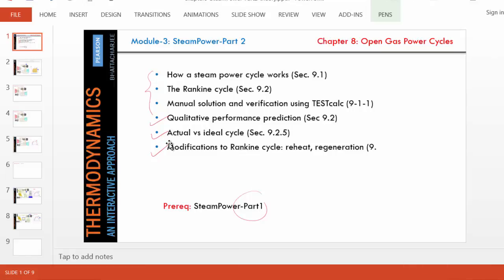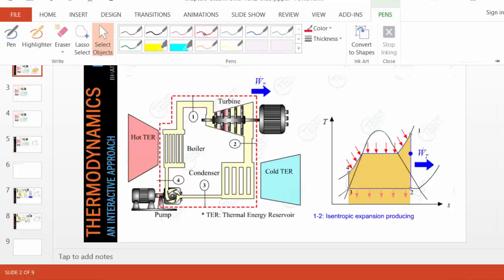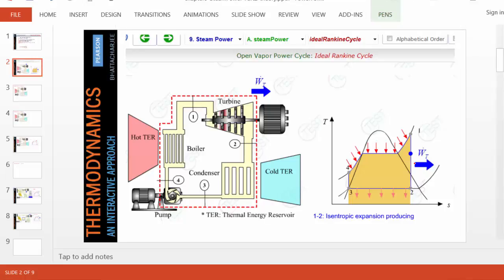Let us first recap how an ideal Rankine cycle works. Steam at a very high pressure and temperature expands through the turbine from state 1 to 2. An ideal turbine is isentropic. From 2 to 3, heat rejection takes place.